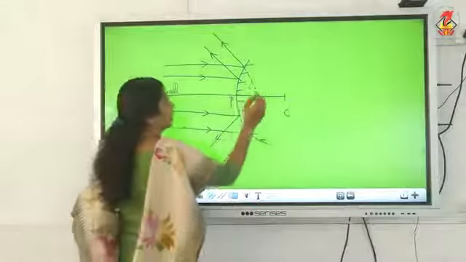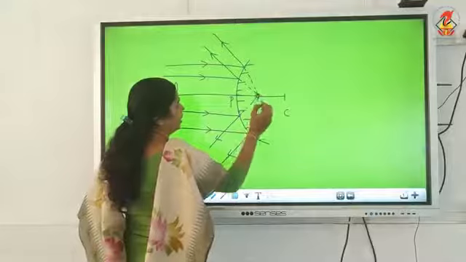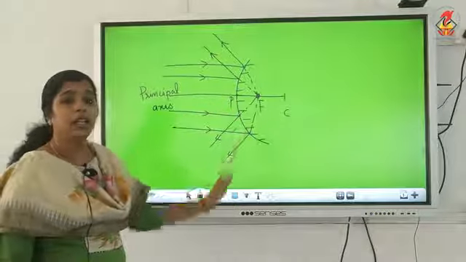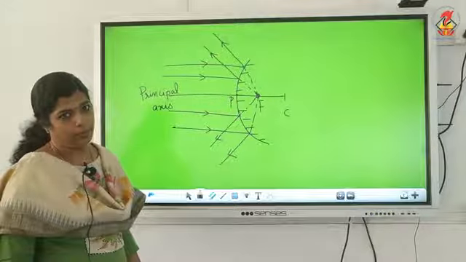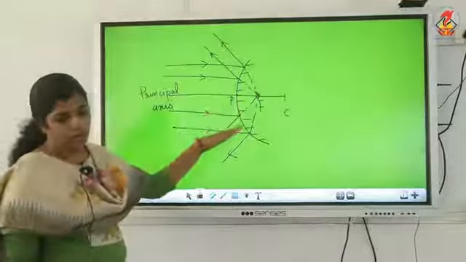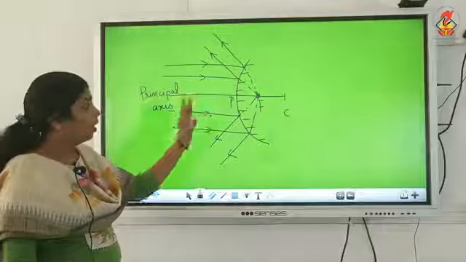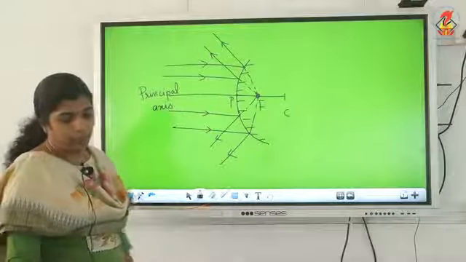So, all the reflected rays will meet at a point and that point is known as the principal focus of the convex mirror. Actually, the principal focus is behind the mirror for a convex mirror.